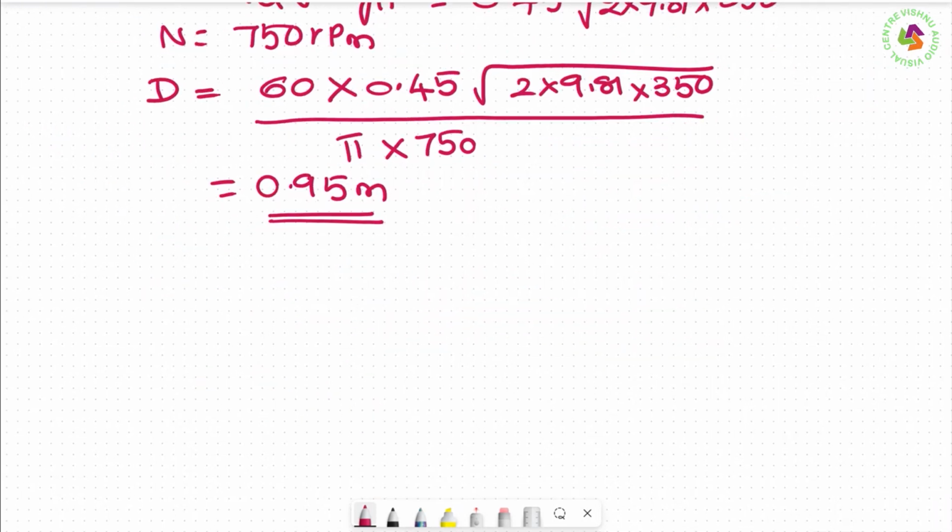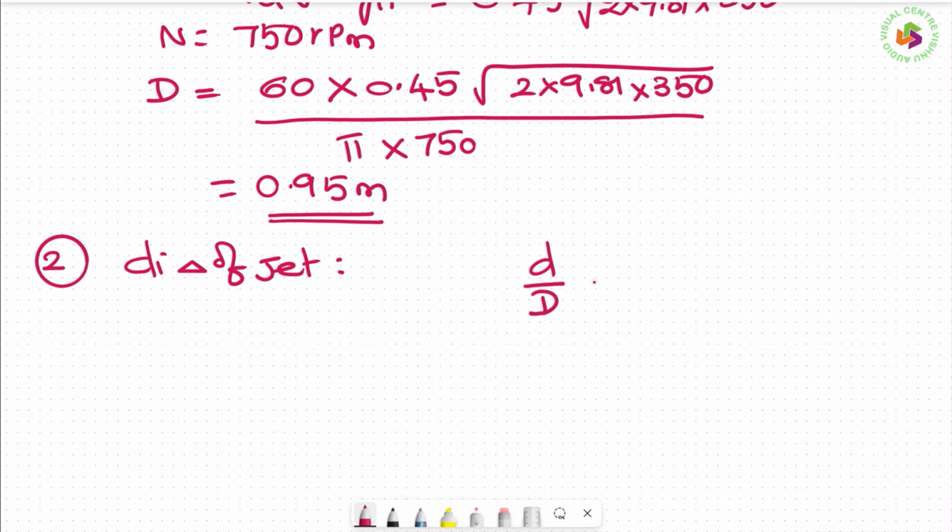Then next, the second one, the diameter of jet. That fellow has given the ratio of small d by capital D, which should not be more than 1/6, so I am equating it to 1/6.